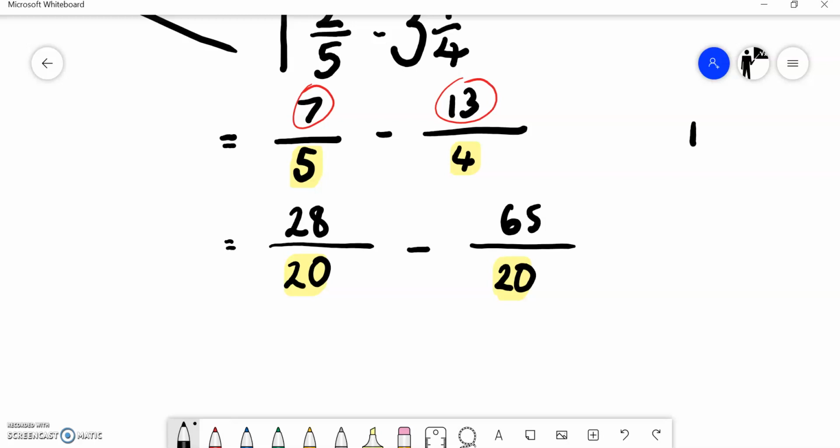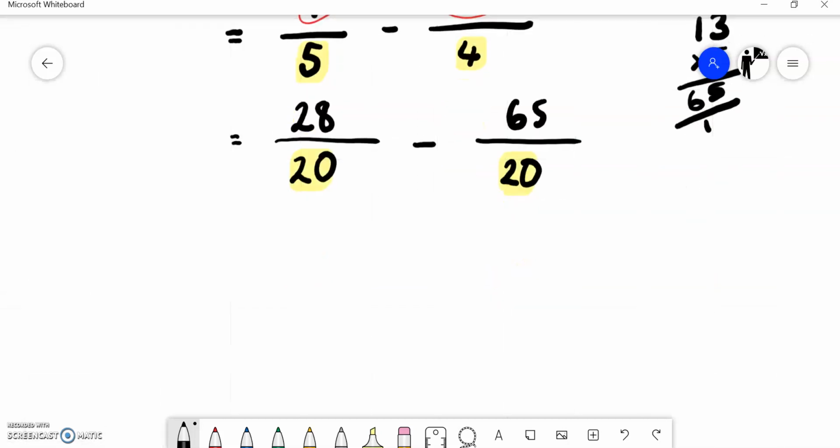Sometimes with these problems, like in an exam paper, you might need to do a wee bit of working at the side, because it would come up in a paper 1. Okay, so then hopefully you can see, we're going to get a negative number here. So 28 minus 65. What's that going to be? We're going to take away 60, take away 5. That's going to be 32 minus 37 over 20.